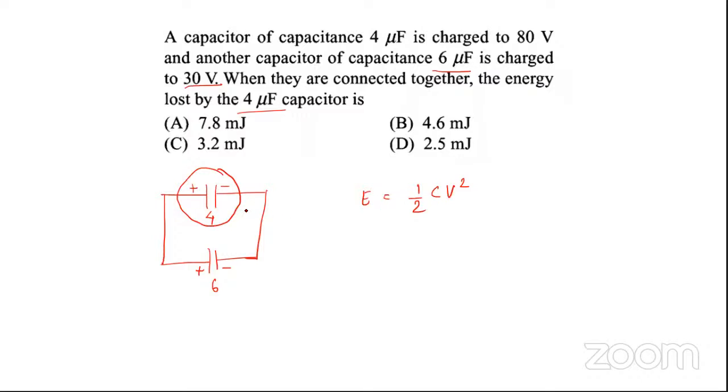When we connect two different capacitors which are charged, they both come to a common potential. So, what do we have to do to find the energy lost? We will calculate the initial energy of this 4 microfarads capacitor and find its difference with the final one. Alright, अब try करो.